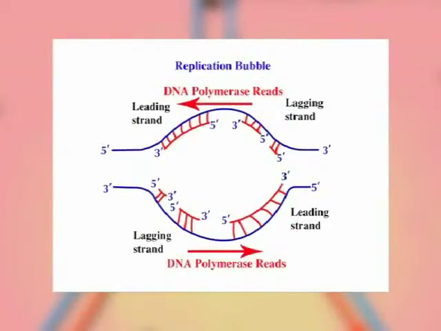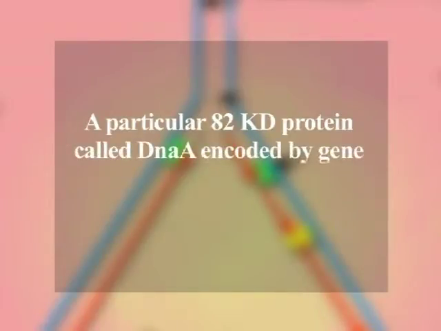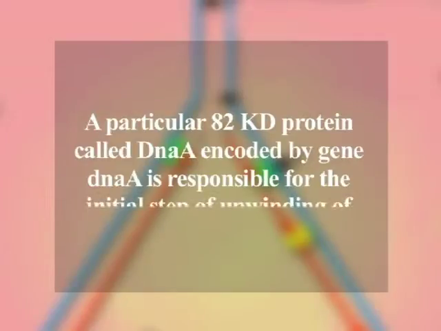A unique sequence at which replication is initiated with the formation of a localized region of strand separation called the replication bubble. The formation of this replication bubble is due to the interaction of pre-priming proteins with oriC. A particular 82 kD protein called DnaA, encoded by gene dnaA, is responsible for the initial step of unwinding of the helix.